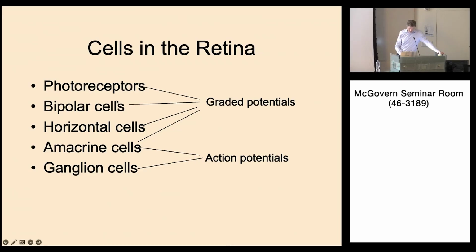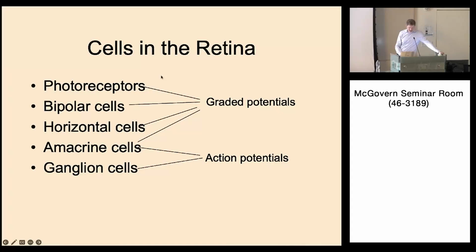You've got bipolar cells that get input from the photoreceptors, as well as horizontal cells. There's amacrine cells and there's ganglion cells. One respect in which these types of cells differ is that some of the types don't fire action potentials. They just vary their membrane potential in response to light.